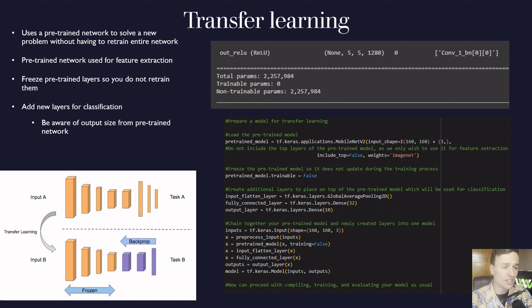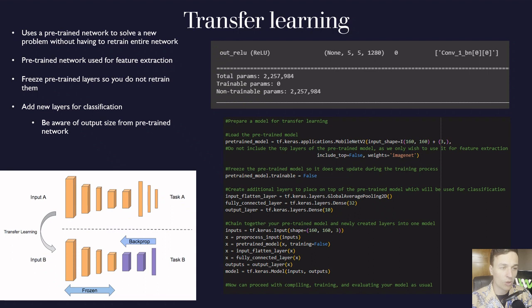And so instead of using the flatten layer, as this would give us an output of 5 times 5 times 1280, we will use the global average pooling 2D layer, which applies average pooling on the spatial dimensions 5x5 until each spatial dimension is only 1x1, meaning we will end up with a 1x1 by 1280, or just a flattened output of 1280. This saves a large amount of data being flooded into our fully connected layers, which would drastically increase training time and is counterproductive to our goal of transfer learning.